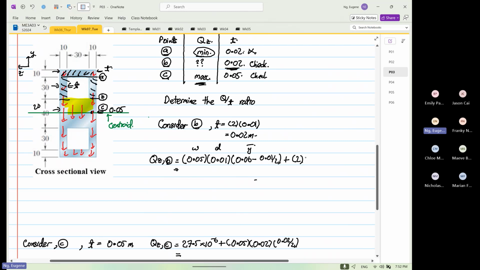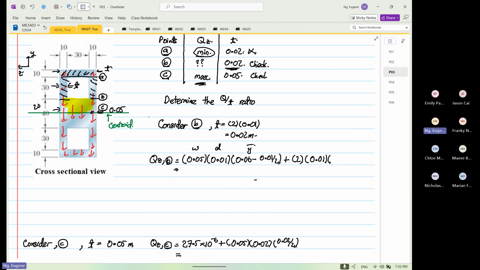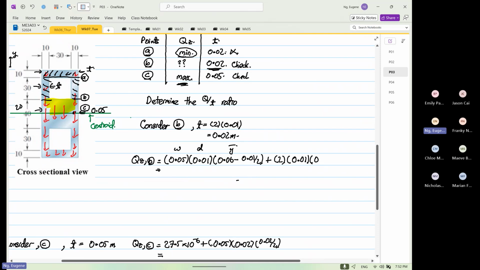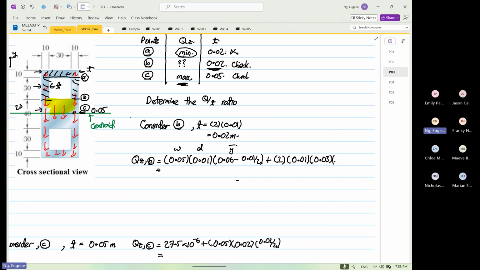So twice the width is equal to 0.01. The depth is 0.03. And the y bar is equal to 0.02 plus 0.03 divided by 2.